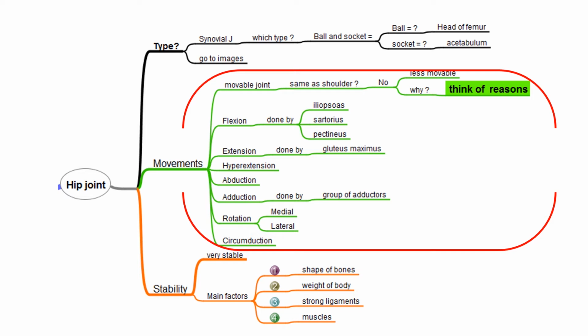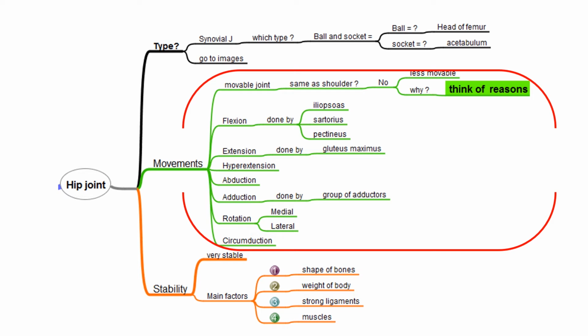The answer is no. The shoulder is the most movable joint, and the hip joint is movable, but it is less movable than the shoulder. There are reasons for that, so think of the reasons.